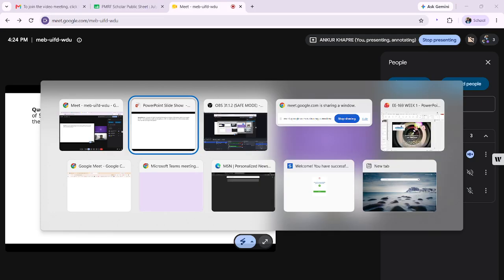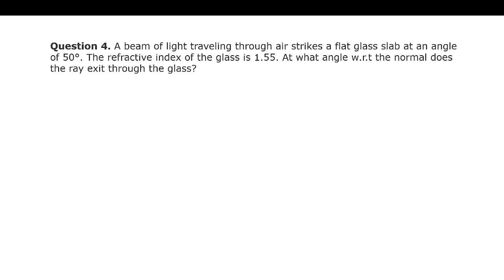You need to understand that only two things have been given here. One is the angle at which the light strikes the flat glass slab, which is 50 degrees, and the refractive index of the glass, 1.55. As you know, the refractive index of air, the environment, we need to consider as 1.